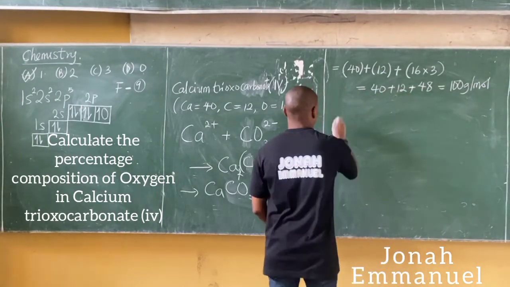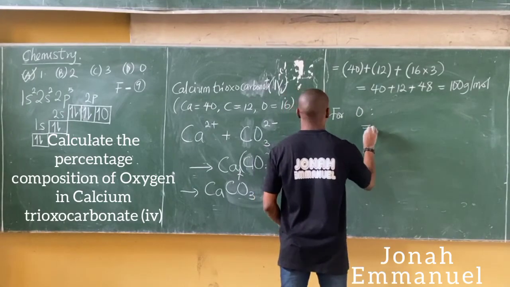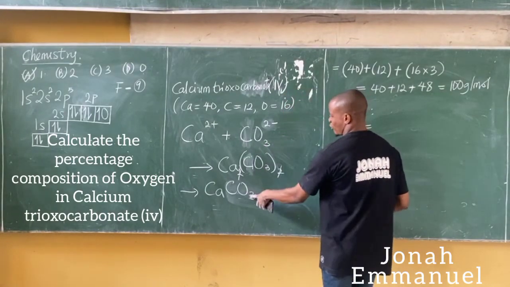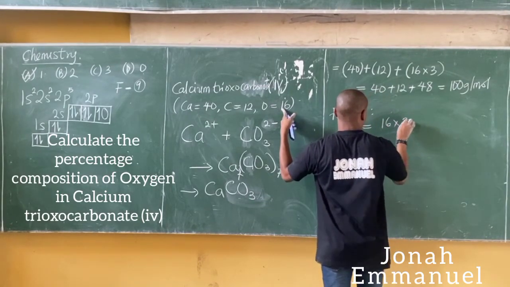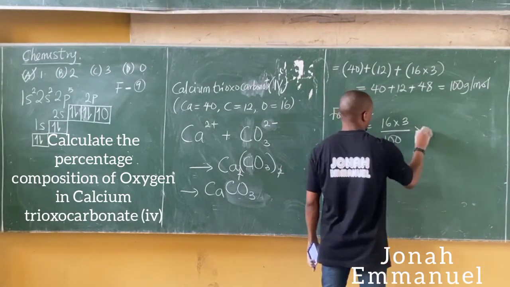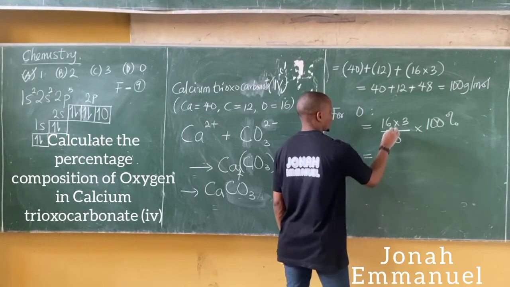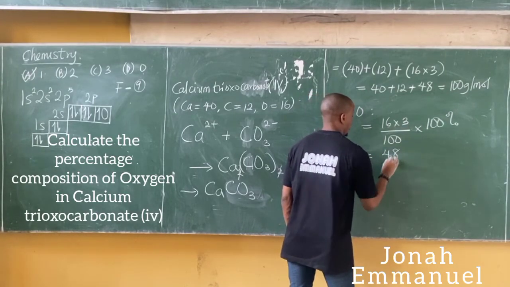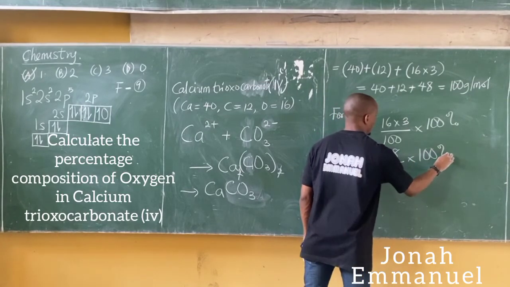For oxygen, as you're asked to find, the percentage becomes the mass of oxygen, of course times how many here? 3. That becomes 16 times 3 over the molar mass of the compound, 100, times 100%. This is 48 over 100 times 100%.